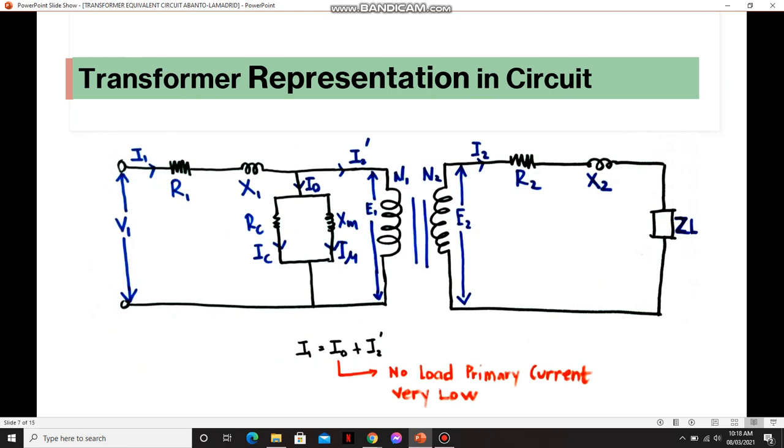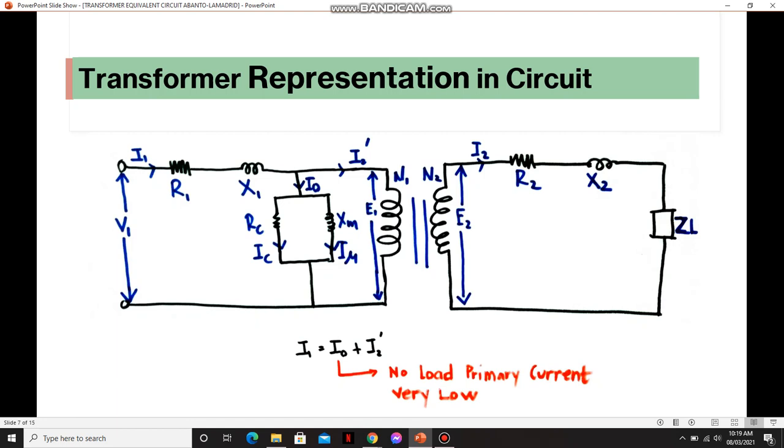The next is the transformer representation in circuit. So we have two there. One is the primary side, and the other is the secondary side. So this is just an overview again, because this is for Miss De Ramos's report.